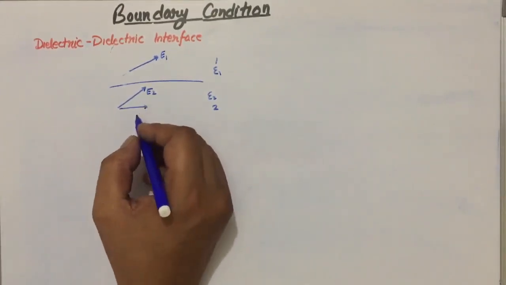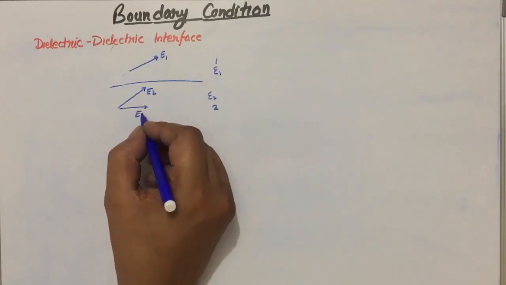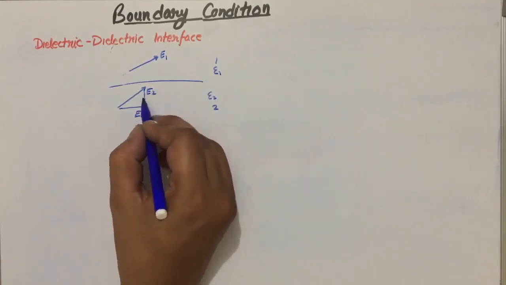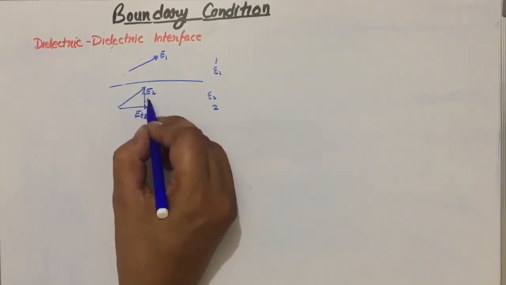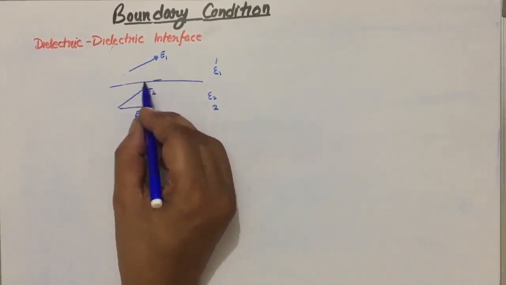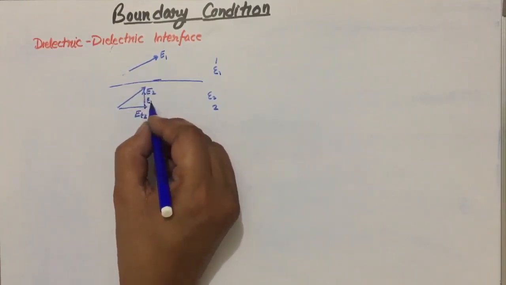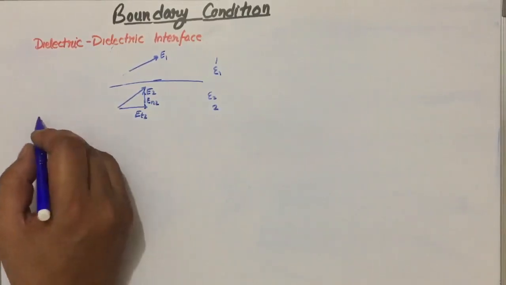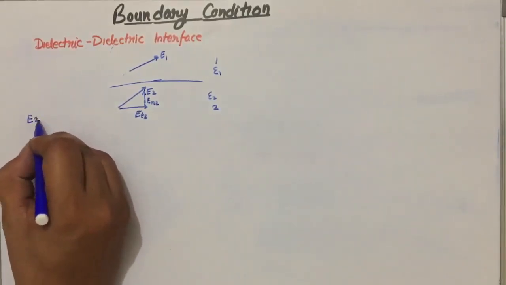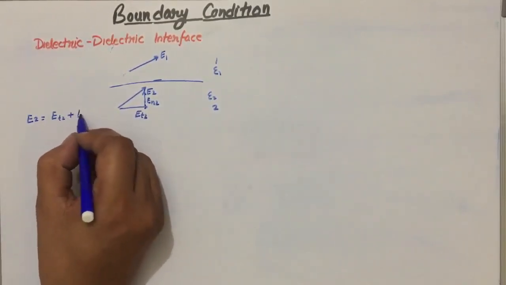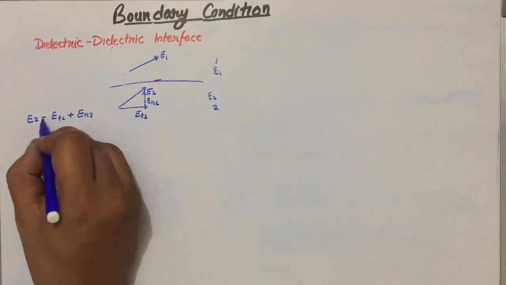So this component is known as the tangential component. We can say ET2, and here it will be ET1. And this component is called the normal component. This is the tangential, this is the normal, EN2. So E2 can be written as E tangential plus E normal.